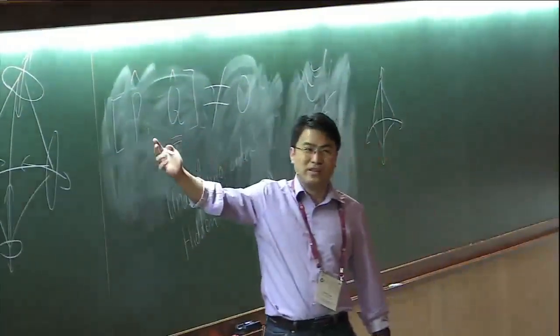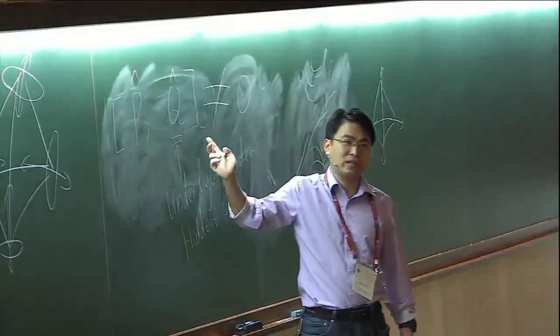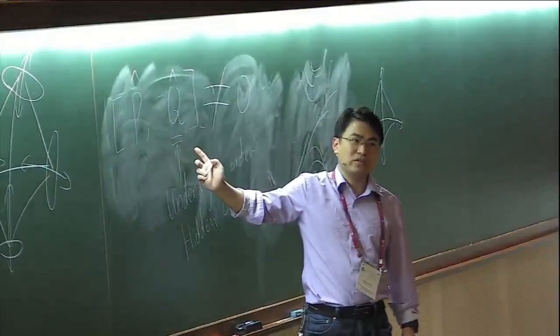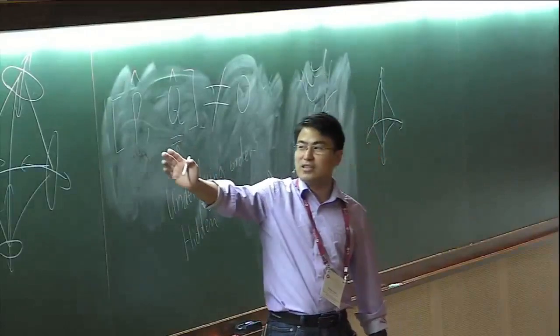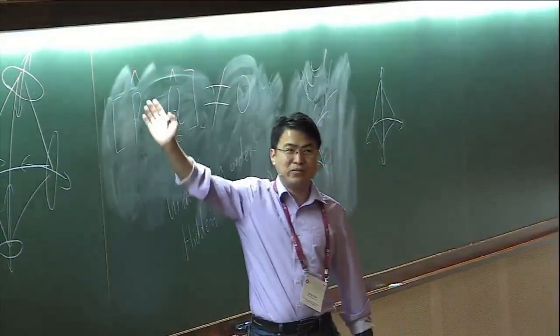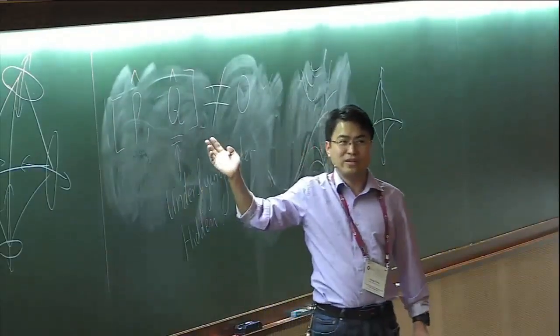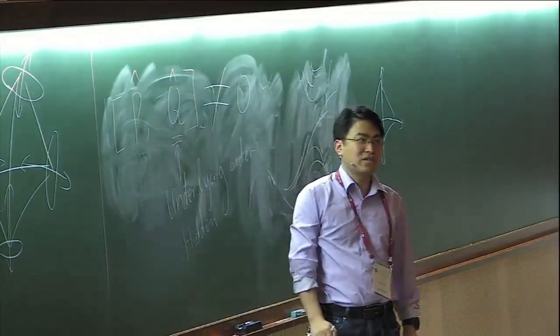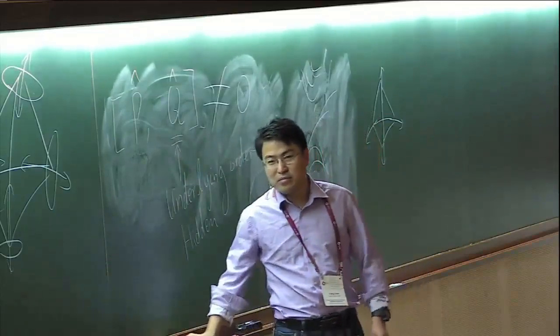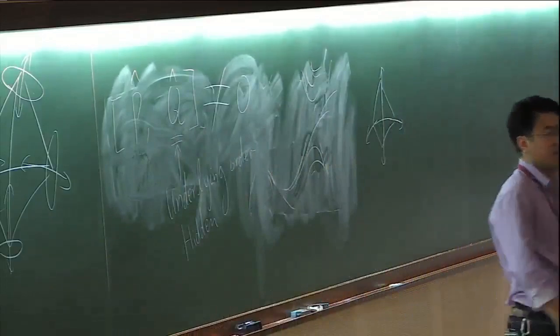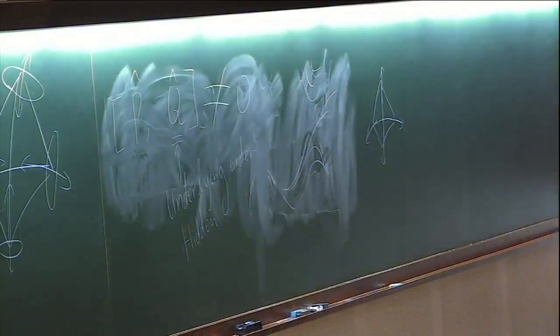So you measure this object, but it reflects the property of Q. So from measuring that, you reveal the structure of Q. This is a very simple idea, but it actually works.